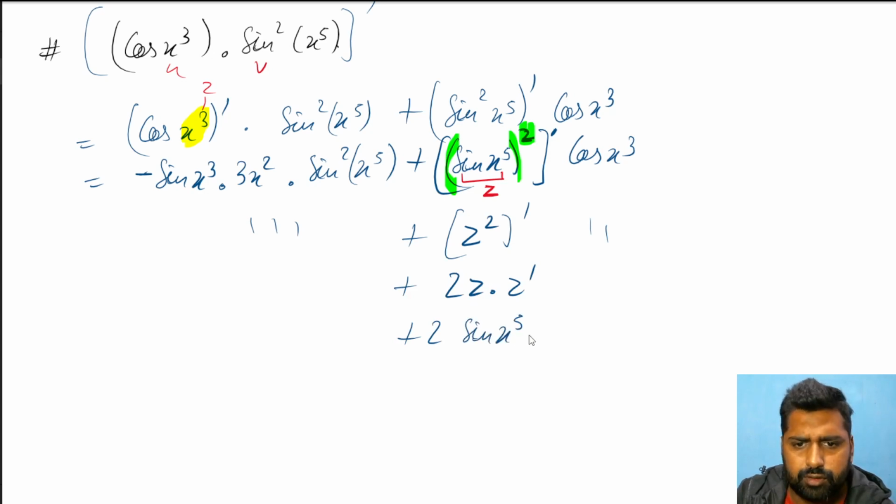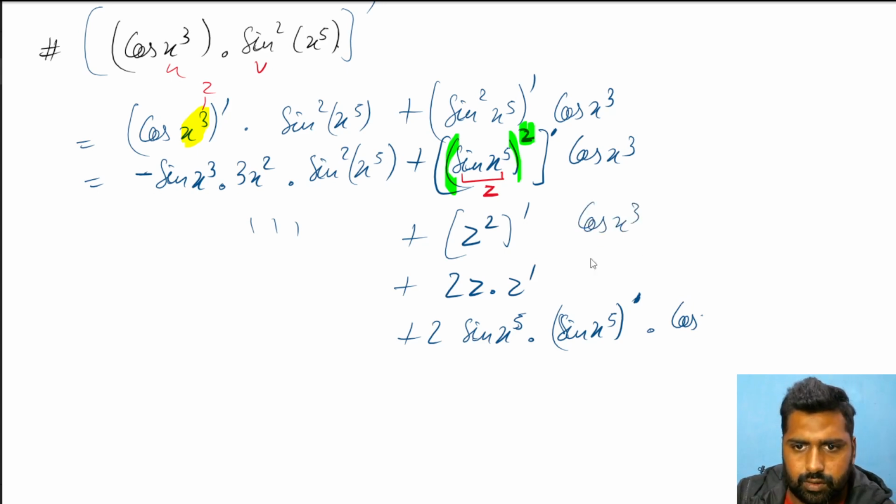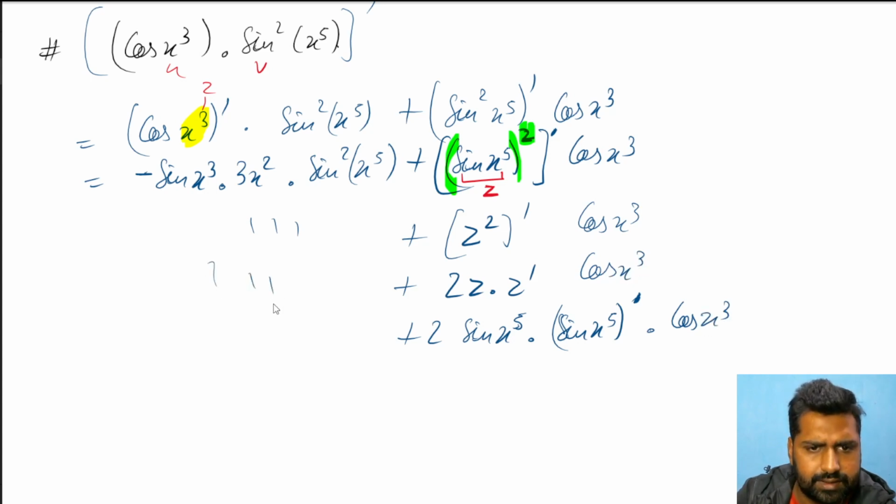And now I have to differentiate sine x raised to power 5 again, that is z dash, into cos x cube, which is of course there. Copy everything else.